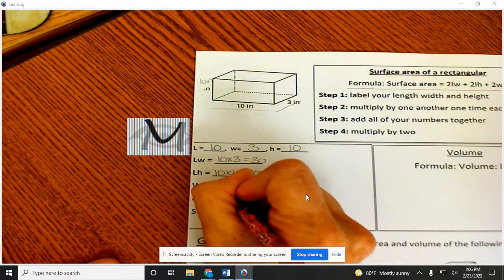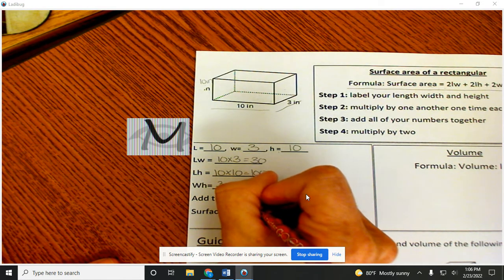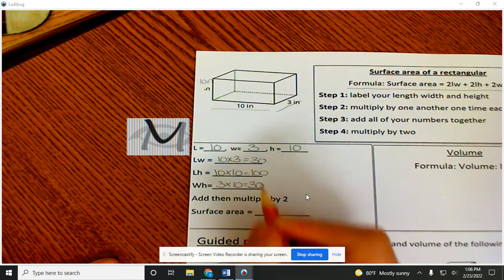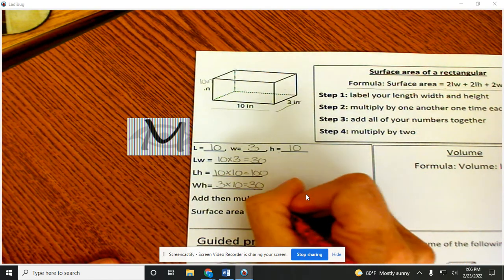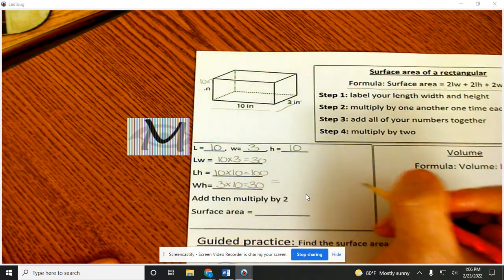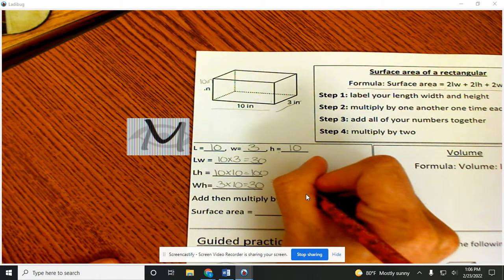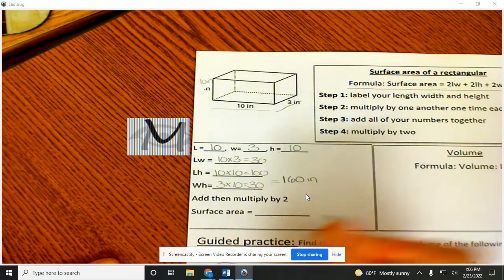So 3 times 10 gives us 30. So if we add 30 plus 100 plus 30, I'm going to put an equal sign over here, I'm going to get 160 inches.